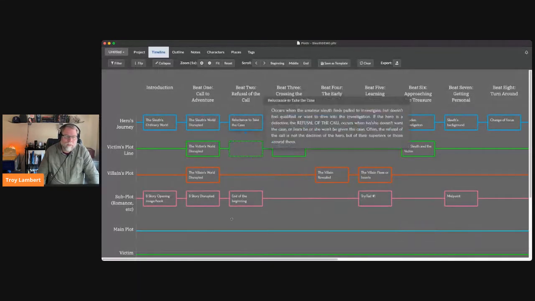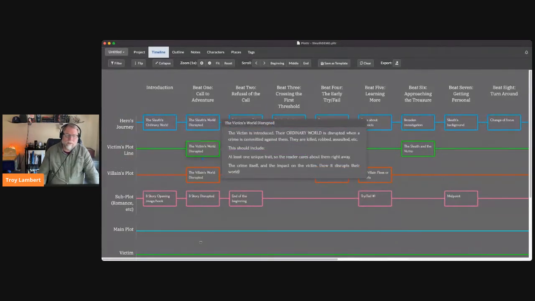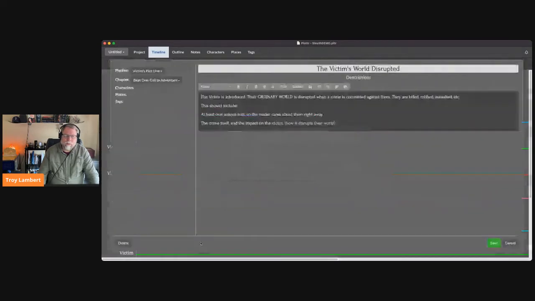Okay. But also at the same time, you'll notice that I've added other plot lines down this side. The next one is the victim's timeline. Even if your reader doesn't see the victim's point of view, this is the point where the victim's world is disrupted. Now, they're either robbed, if they're killed, obviously their world is disrupted permanently, if they're assaulted, whatever the case may be.